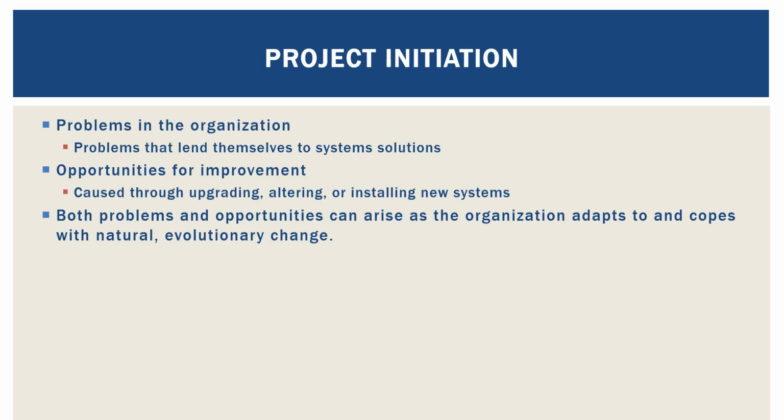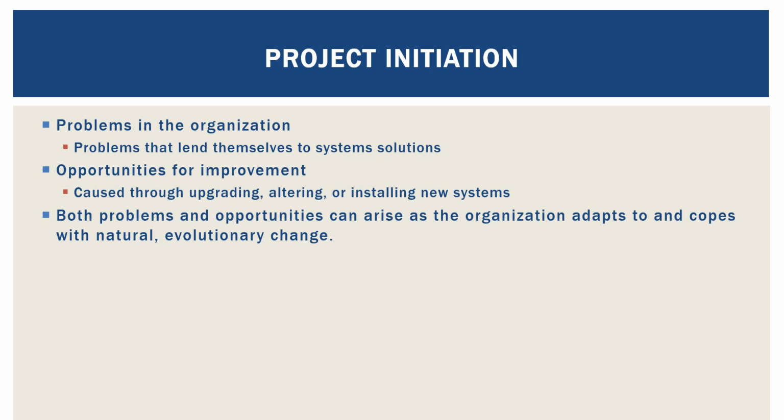Right, how are projects initiated? Projects are initiated through two conditions. There might be a problem in the organization, and number two, there might be opportunities for improvement. So if a problem arises in an organization, if those problems lend themselves to a system solution, then we're obviously going to say, why can't we just proceed to develop a system to address that problem?